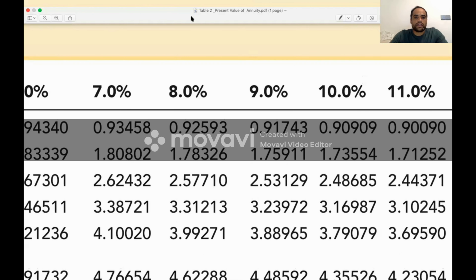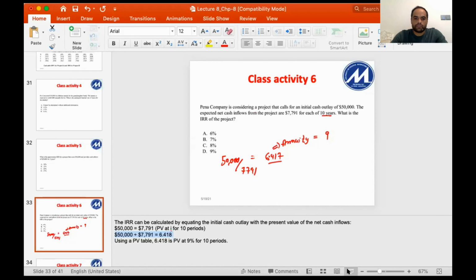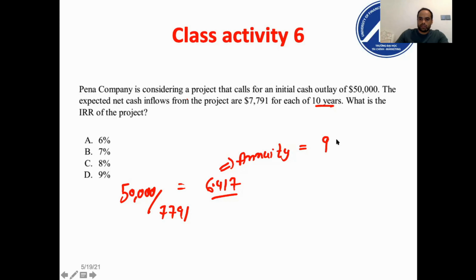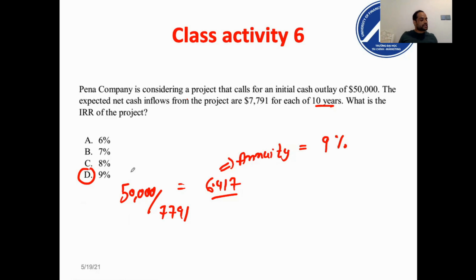So IRR is 9%. That's your right answer, right? So that's all for IRR.